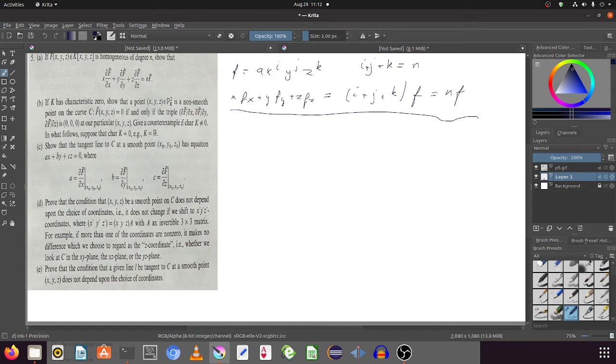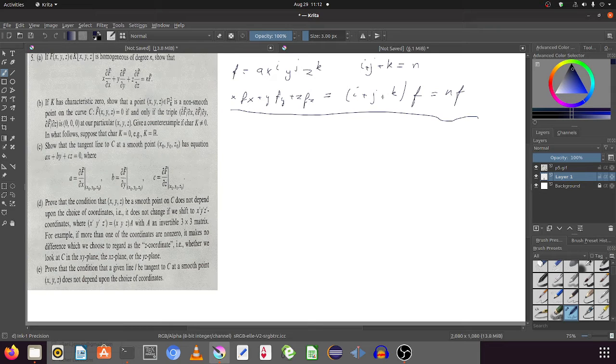Give a counterexample if the characteristic is non-vanishing. In what follows, suppose the characteristic of k is 0, for instance the real numbers or the rational numbers, sure.